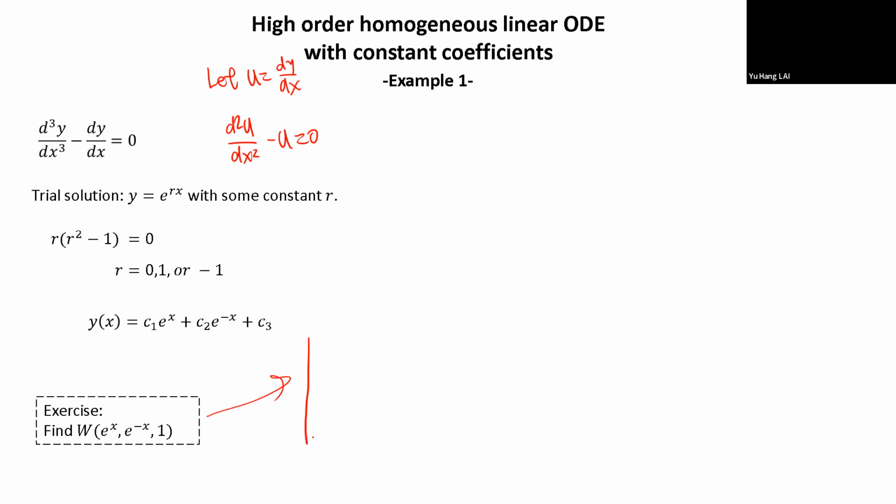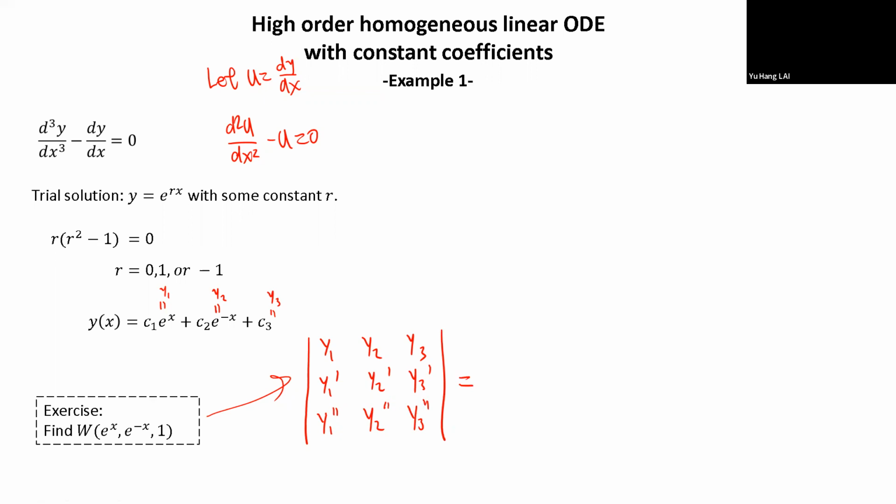So what is the Wronskian in this case? This is my y1, this is my y2, and this is my y3, which is just 1. So my 3 by 3 determinant for the Wronskian is y1, y2, y3 for the first row, y1 prime, y2 prime, y3 prime for the second row, y1 double prime, y2 double prime, y3 double prime for the last row.